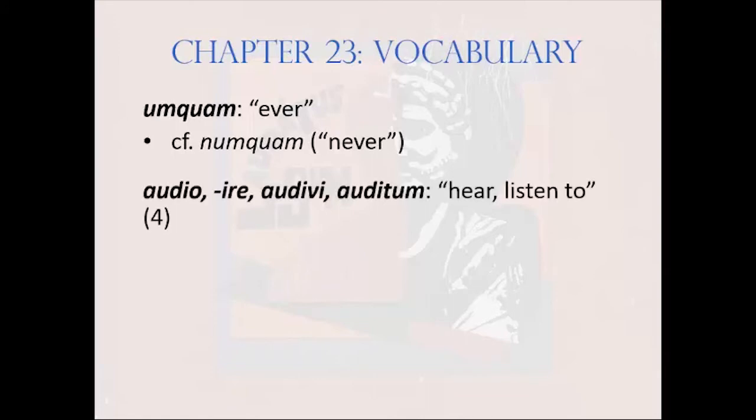Next is audio, audire, audivi, auditum, meaning hear or listen to. It's a fourth conjugation verb. Be careful not to confuse this verb with audeo, audere, which means dare. The hear verb is fourth conjugation. The dare verb is second.